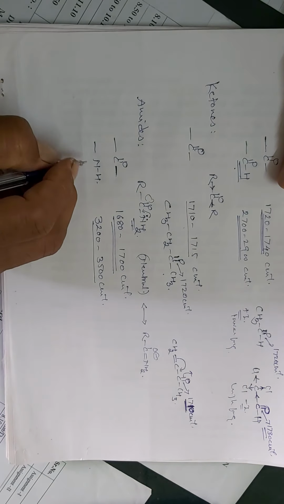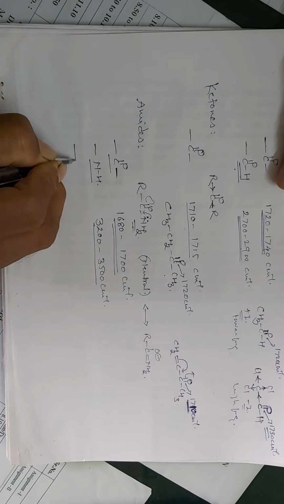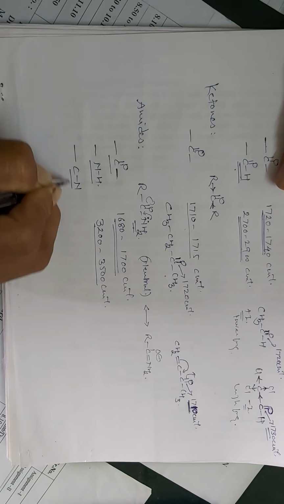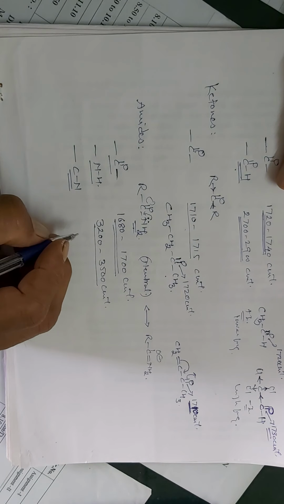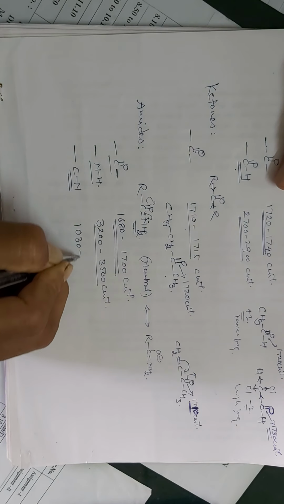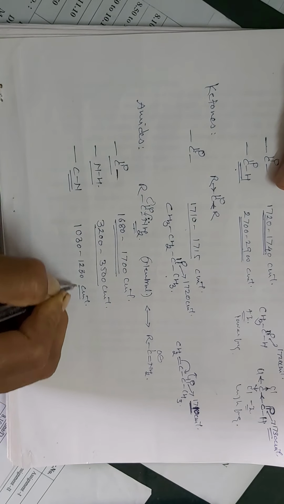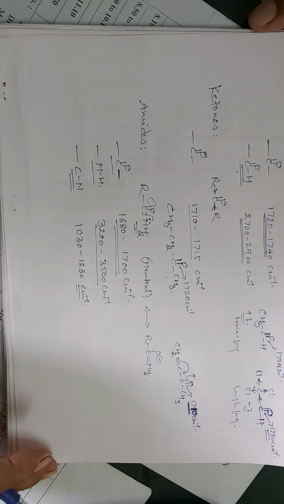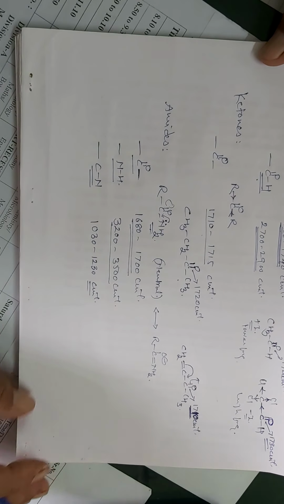Along with CO and NH, you will get the CN stretching frequency, seen in the range of 1030 to 1230 reciprocal centimeter. So this is again one of the important bands that is going to be seen.